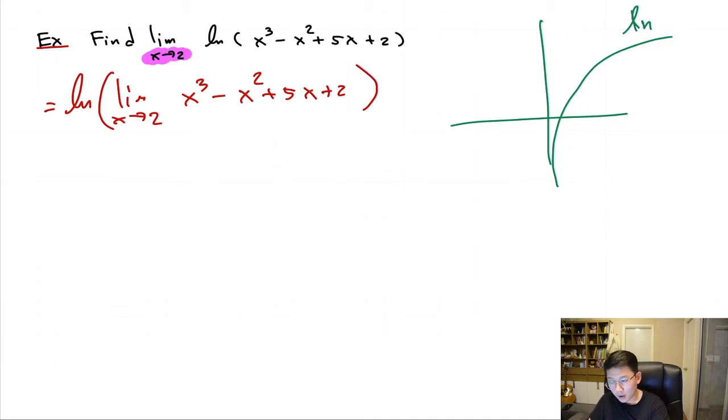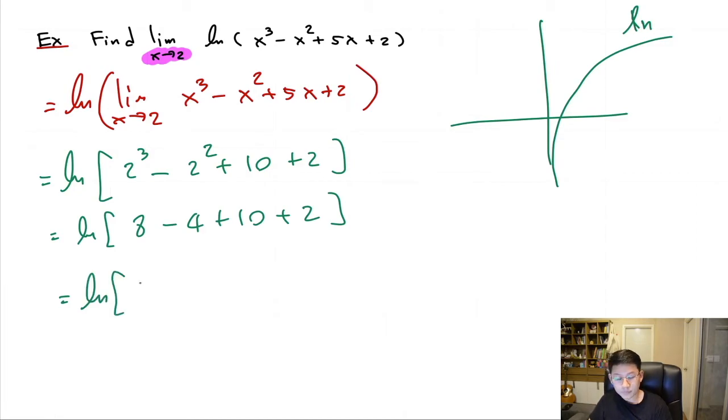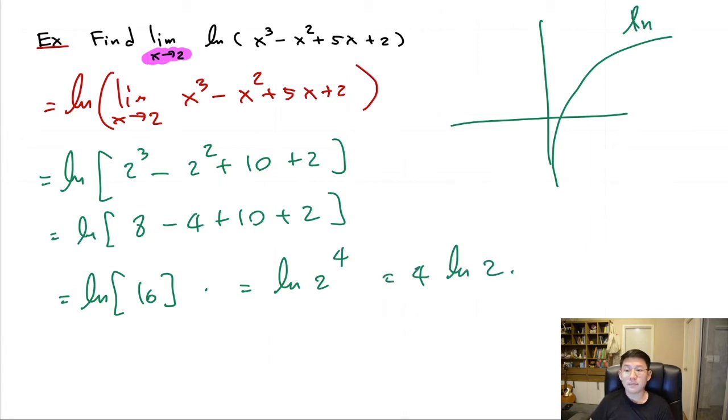Because it's going to be log of 2 to the power 3 minus 2 squared plus 10 plus 2, which is log of 8 minus 4 plus 10 plus 2, which is log of 16, which is log of 2 to the power of 4, which is 4 log 2. Make sense?